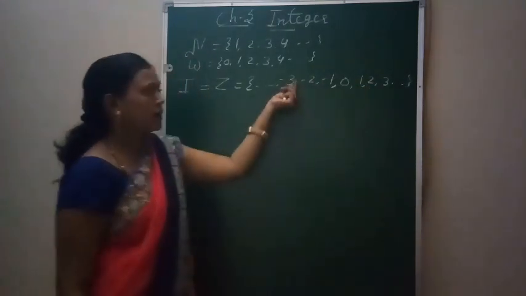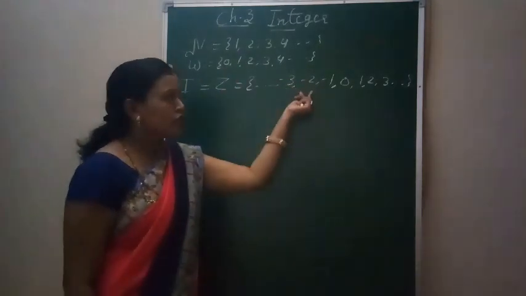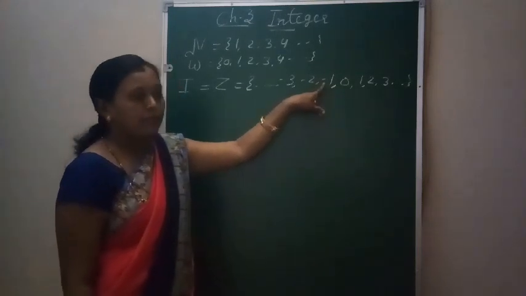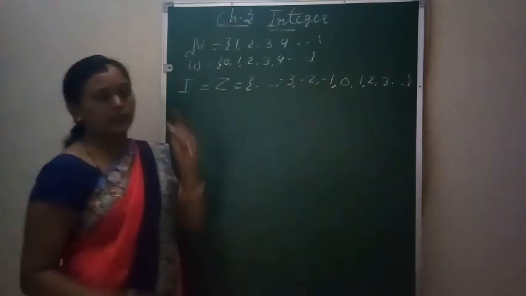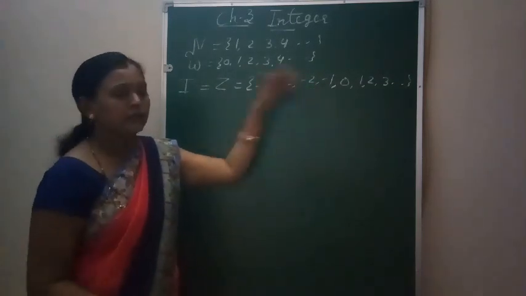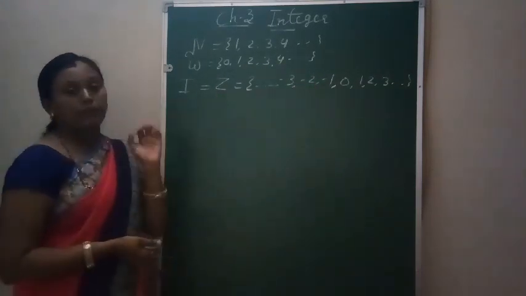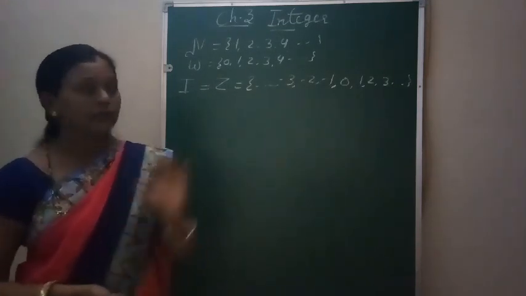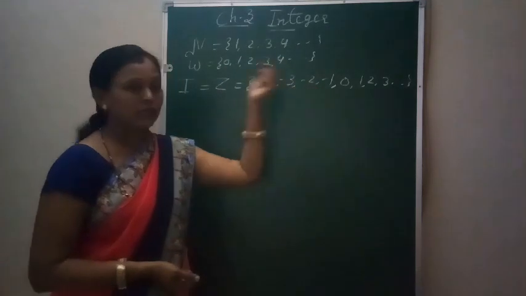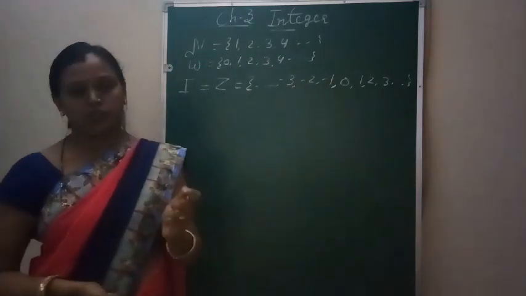But now the question is, why do we use the negative numbers -1, -2 and -3, and what is the importance of these numbers in our life? The basic important example of these negative numbers is the temperature.